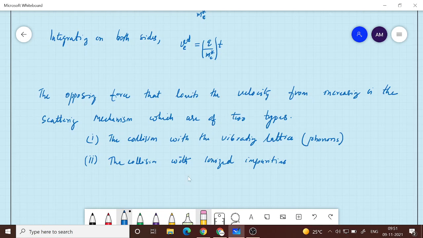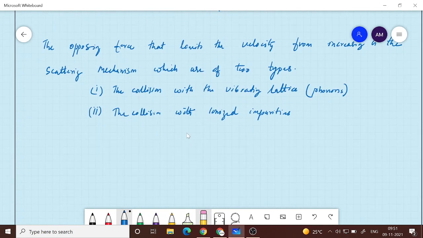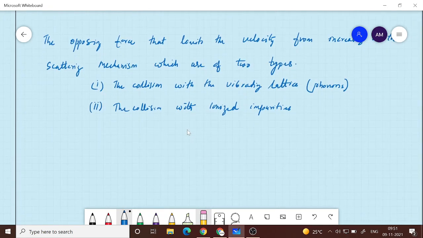In the earlier classes we have seen how to calculate the number of carriers, that is electrons in the conduction band, after we dope the pure semiconductor with impurity atoms such as arsenic or phosphorus from the 5th group, or gallium, aluminum, etc. from the 3rd group.